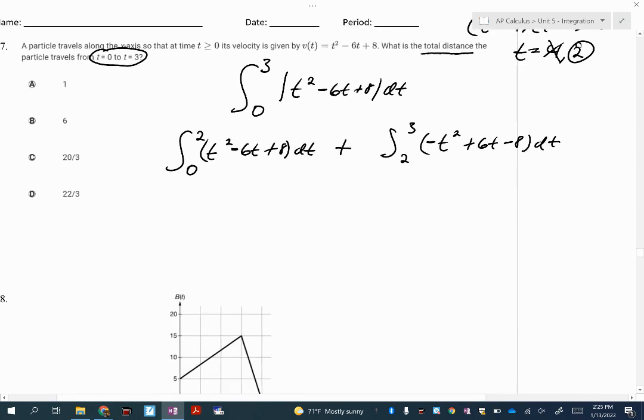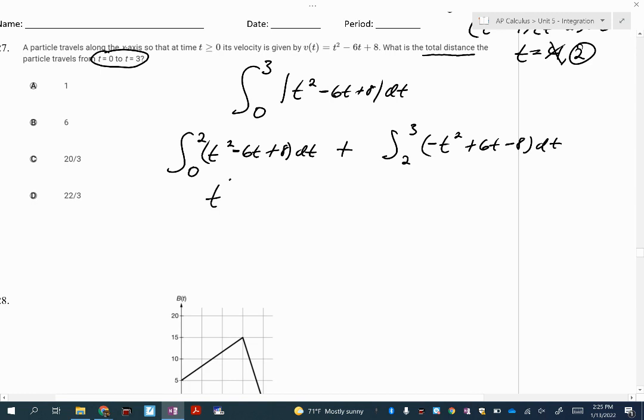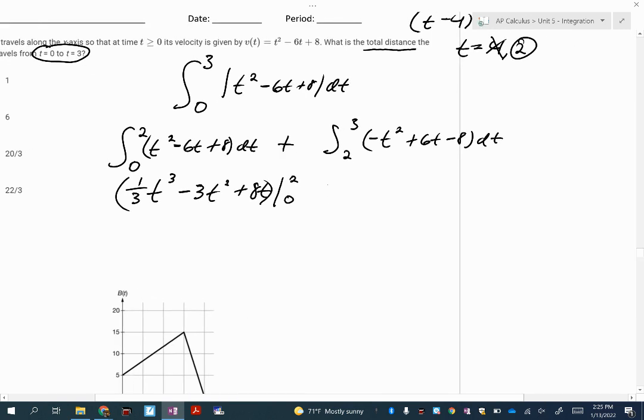All right, so let's integrate this. We have t cubed, so 1/3 t cubed minus 3t squared plus 8t, evaluating that at 2 and 0. And then this integral is going to be negative 1/3 t cubed plus 3t squared minus 8t, and I'm evaluating that at 3 and 2.